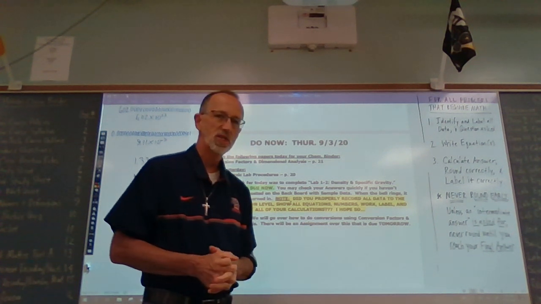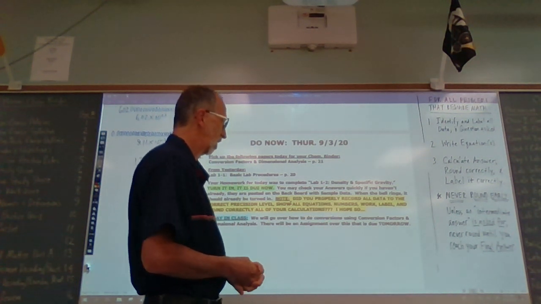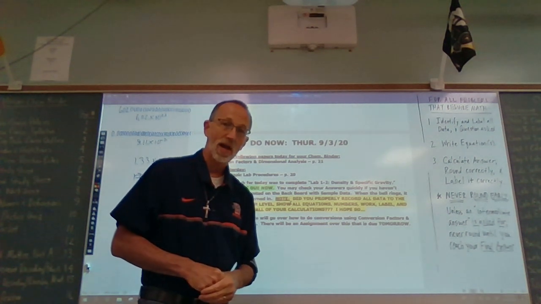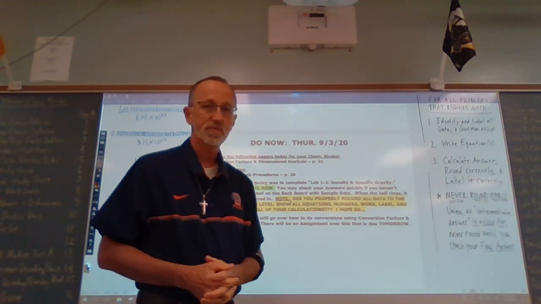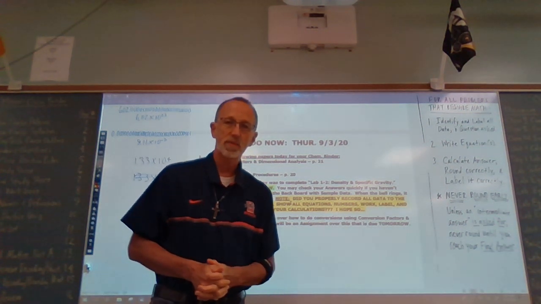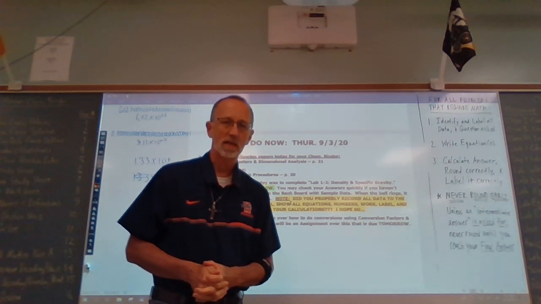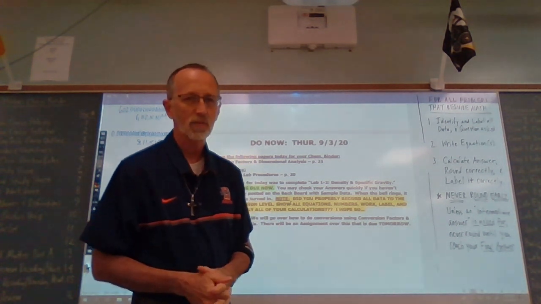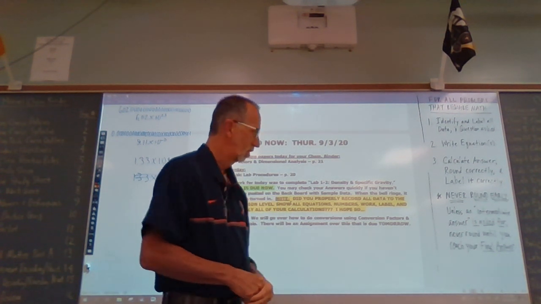Did you write the equation down? Did you plug the numbers in? Did you then calculate your final answer and label and round it correctly? Make sure that you did that, and also make sure that all of your numbers within your lab group match exactly. If not, there will be a deduction for that for all group members, okay?